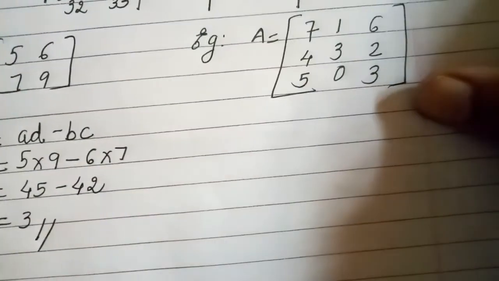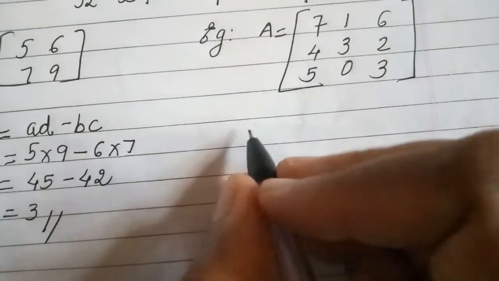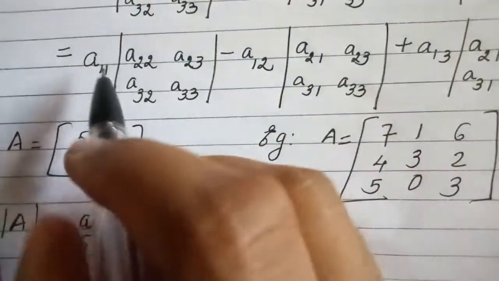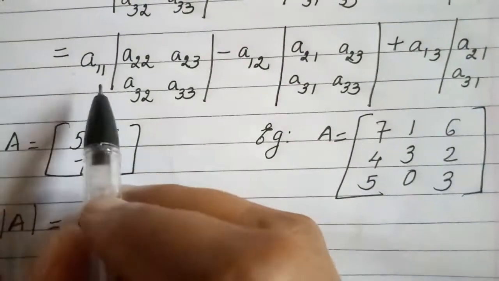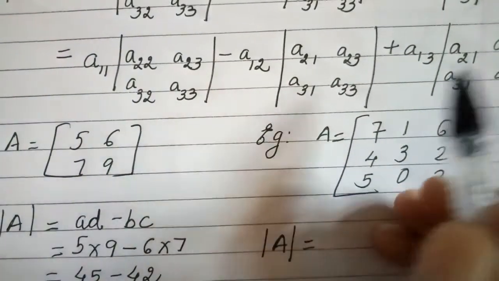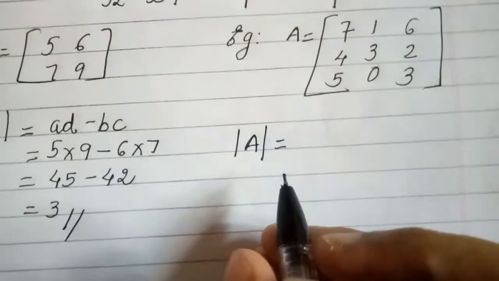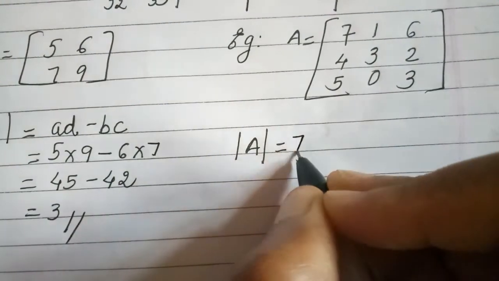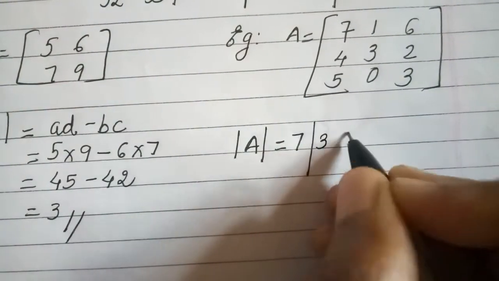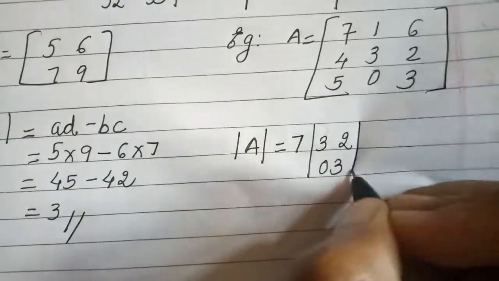Now come to this side. Look carefully, children. Now what will you do? Determinant of A. By this formula you know that in the first row, the first position is positive, the second position is negative, the third position is positive. So we will do it like that. The first position is positive and the number is 7. Now delete the row, delete the column. So what remains? 3, 2, 0, 3.